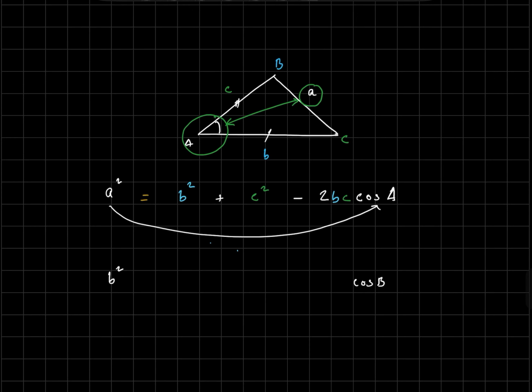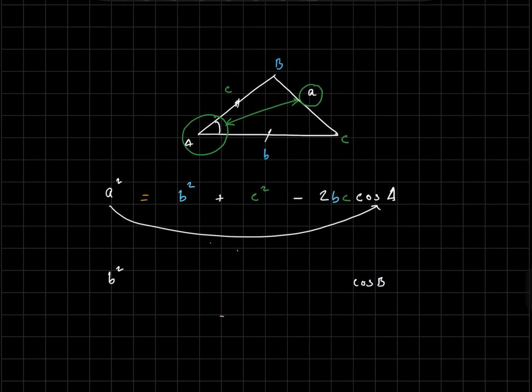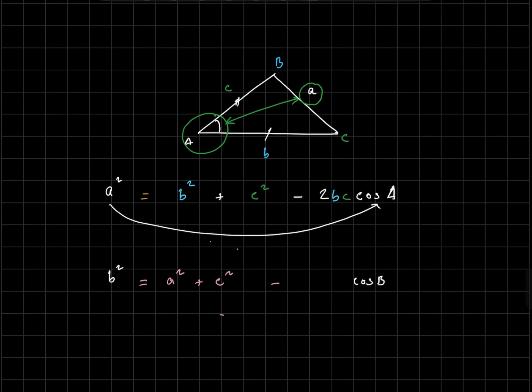The rest of the two are the other two sides, which means this would be equal to A square plus C square minus twice AC cos B.